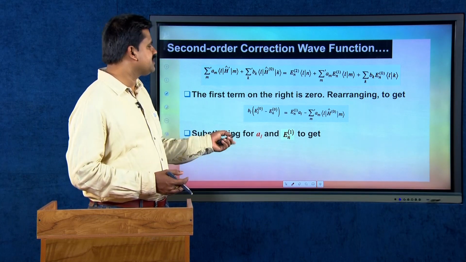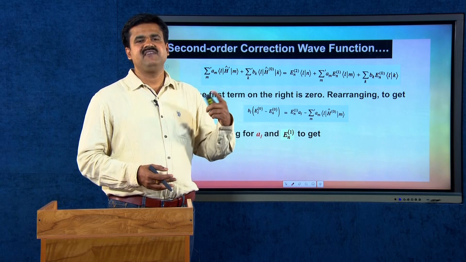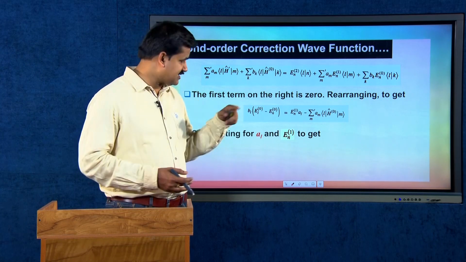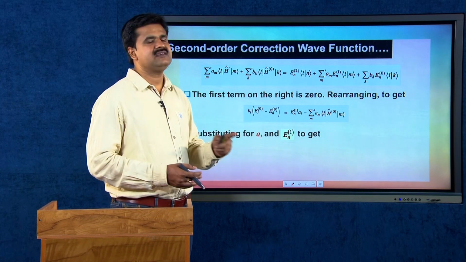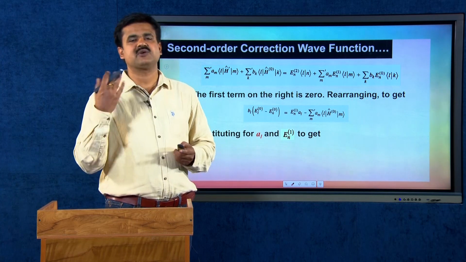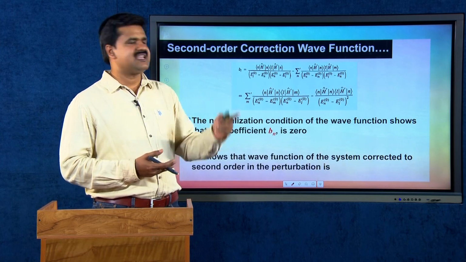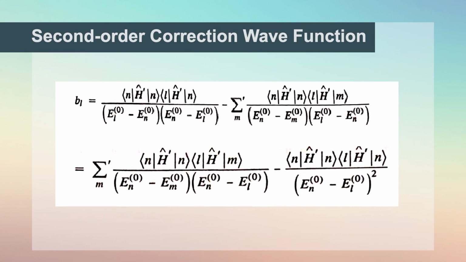For substituting the values of a_l and E_n^1, that is the first order correction to energy, we get this result for b_l.